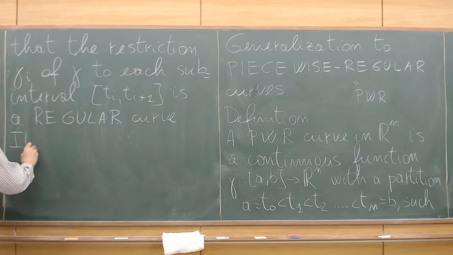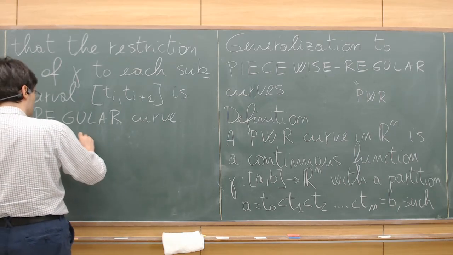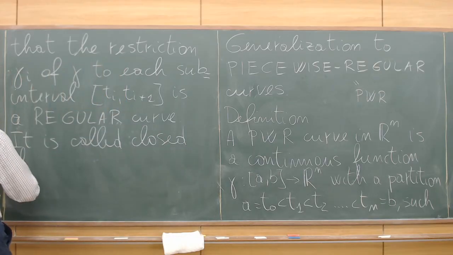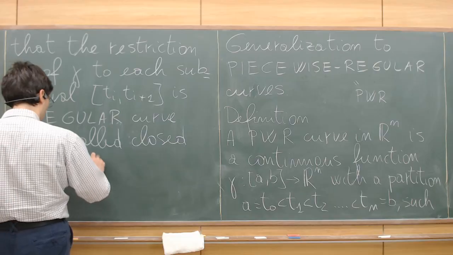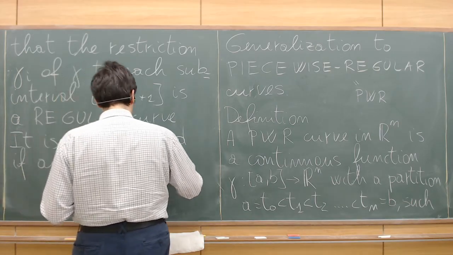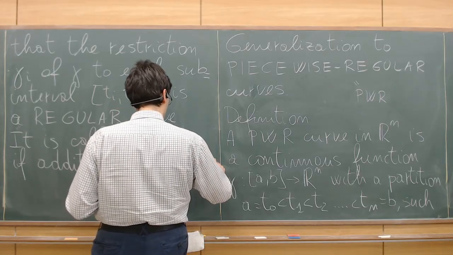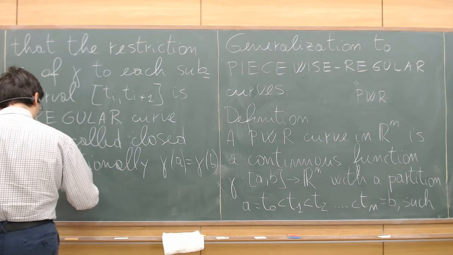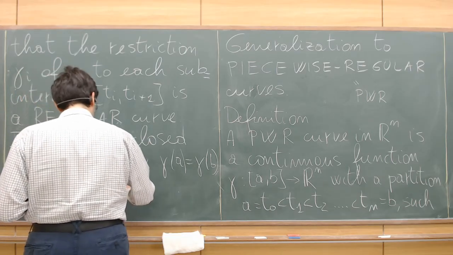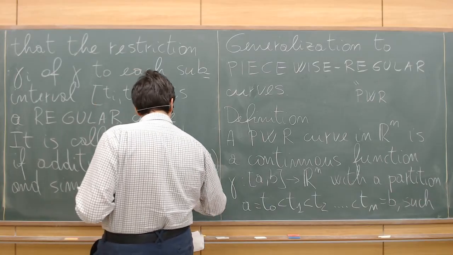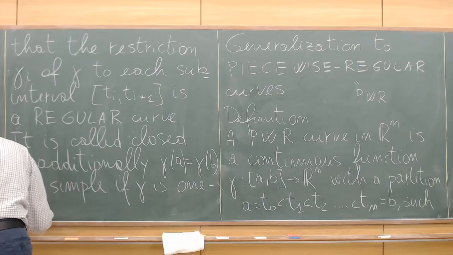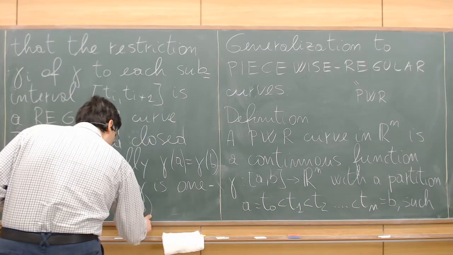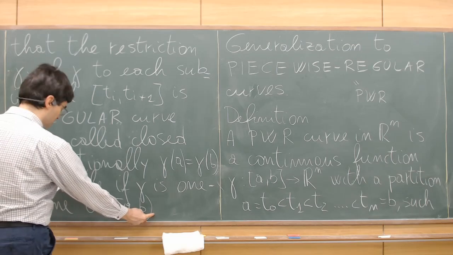The curve defined this way is called closed if additionally we have gamma A equal to gamma B, and it is called simple if gamma is 1-to-1 on the domain AB, closed on the left and open on the right.